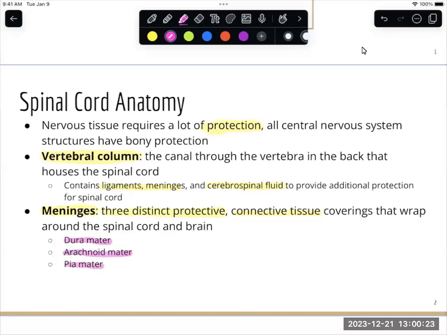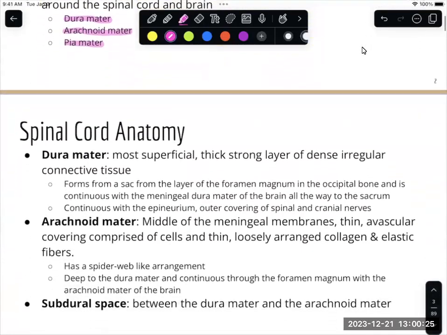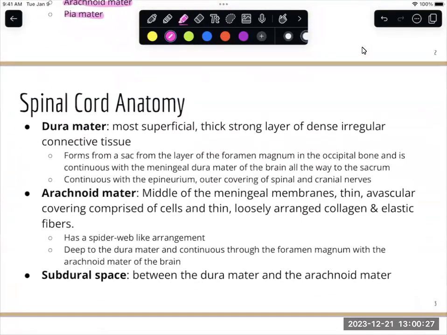So let's look at some of these here. This dura mater is the most superficial layer. It is dense irregular connective tissue, and it's very thick and very strong. It comes from the foramen magnum on the occipital bone, and it is continuous all the way to the sacrum.